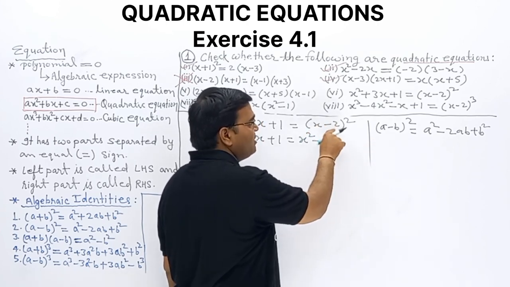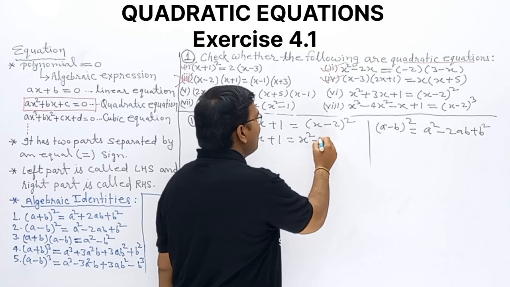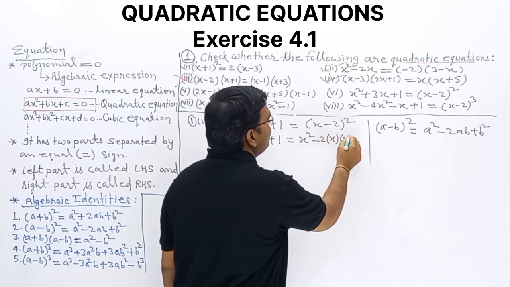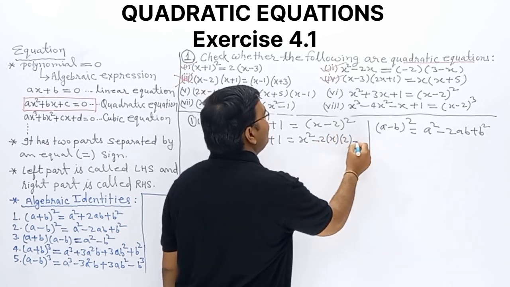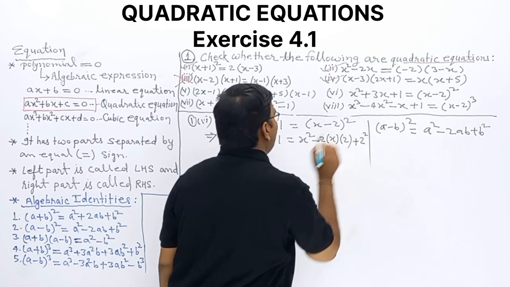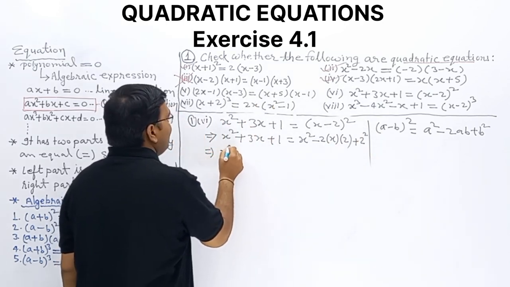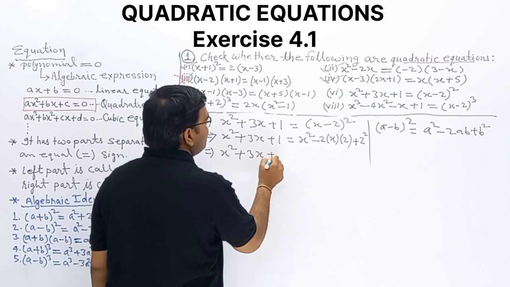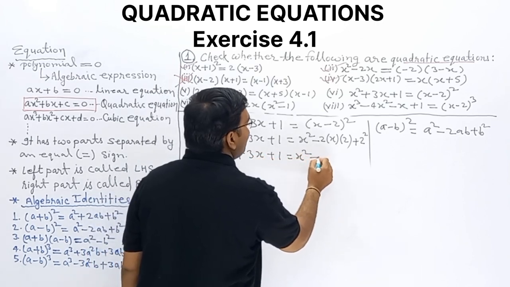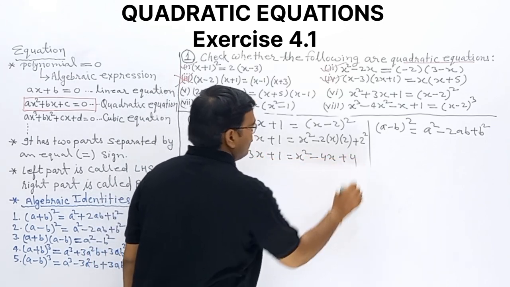A is the x, b is the 2. When we solve, 2 times of x into 2, minus 2 times of ab plus b square. b square is what? 2 square. Solve this one. x square plus 3x plus 1 equal to x square minus 4x plus 4.